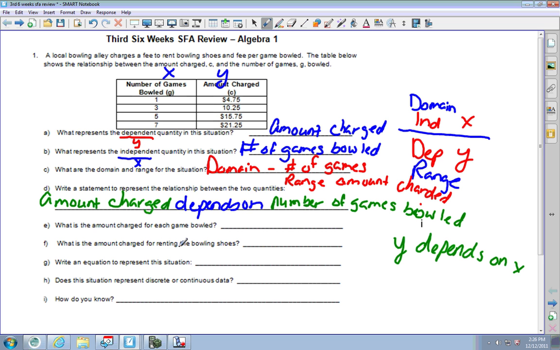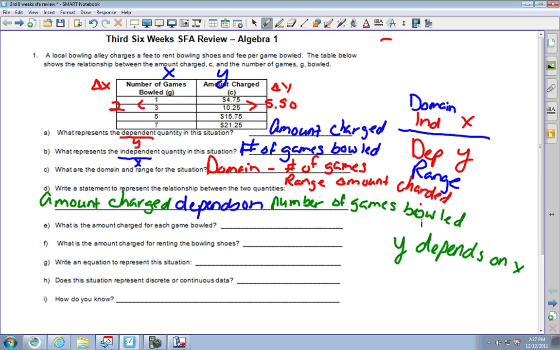What is the amount charged for each game bowled? When it's talking about each game, you need to find delta y over delta x. You need to find your coefficient. Right here, 550 is delta y, and delta x increases by 2.